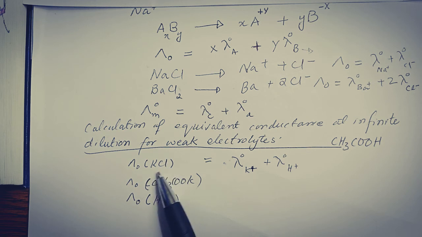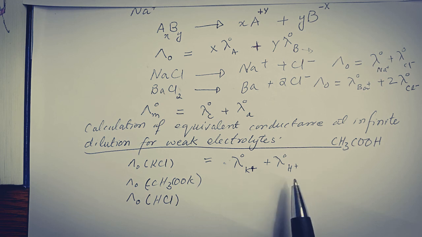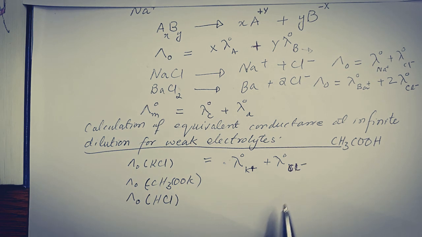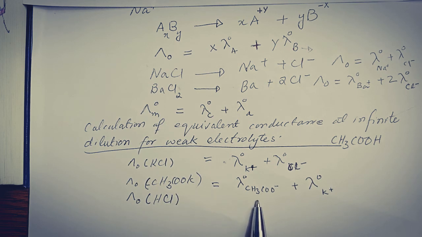The equivalent conductance of potassium chloride is the summation of the ionic conductance of potassium ion and chloride ions. Whereas for potassium acetate, the equivalent conductance is the ionic conductance of acetate and potassium ions.